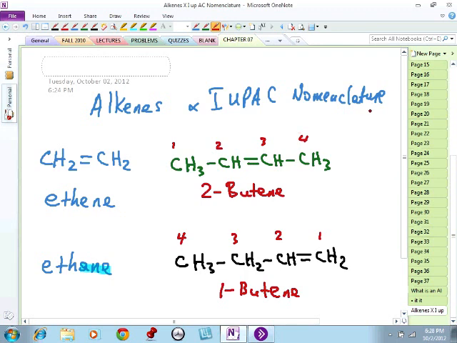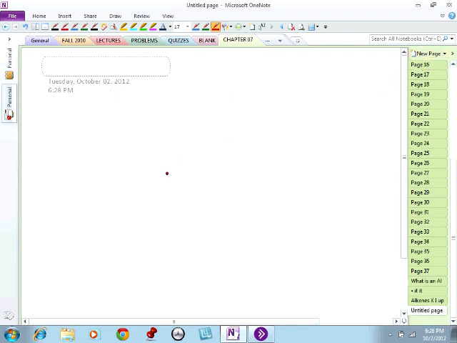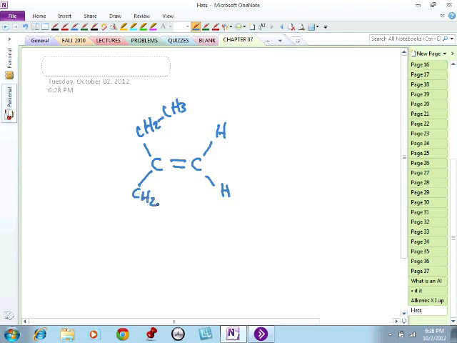Now supposing I give you this. What would be the name of this alkene?